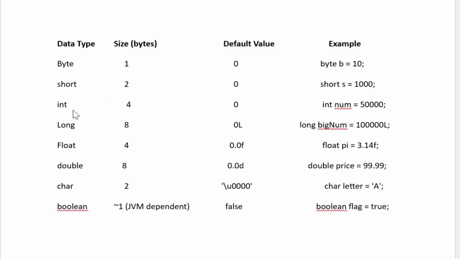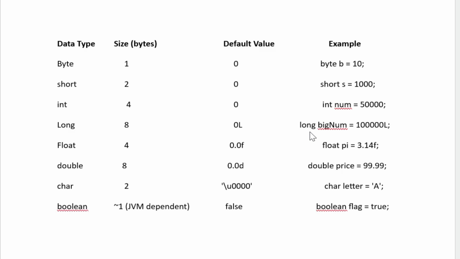The next data type is integer, that is int, whose size is 4 bytes and the default value is 0. The example is int, the data type, followed by num, which is a variable, equals 50,000. The next data type is long, whose size is 8 bytes and default value is 0L, where L represents the long data type.